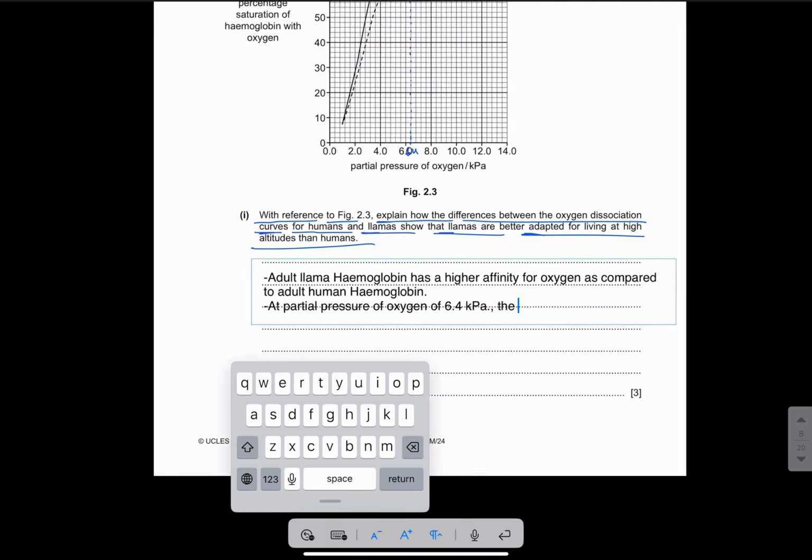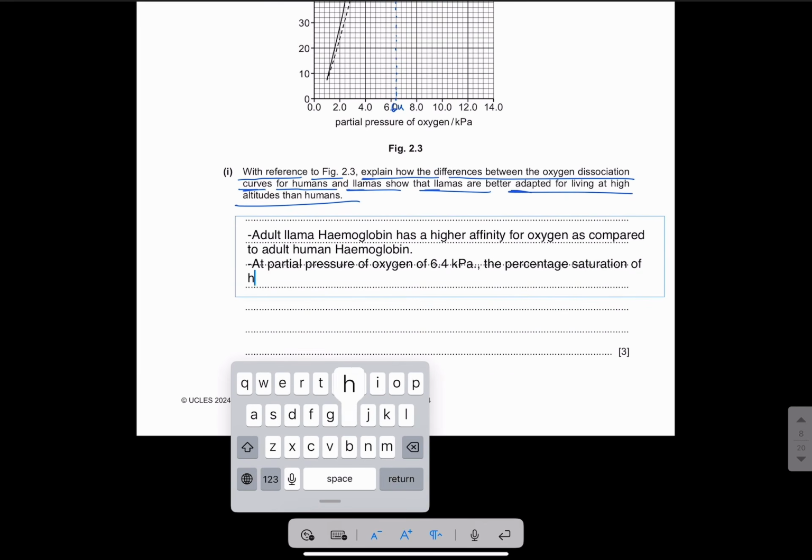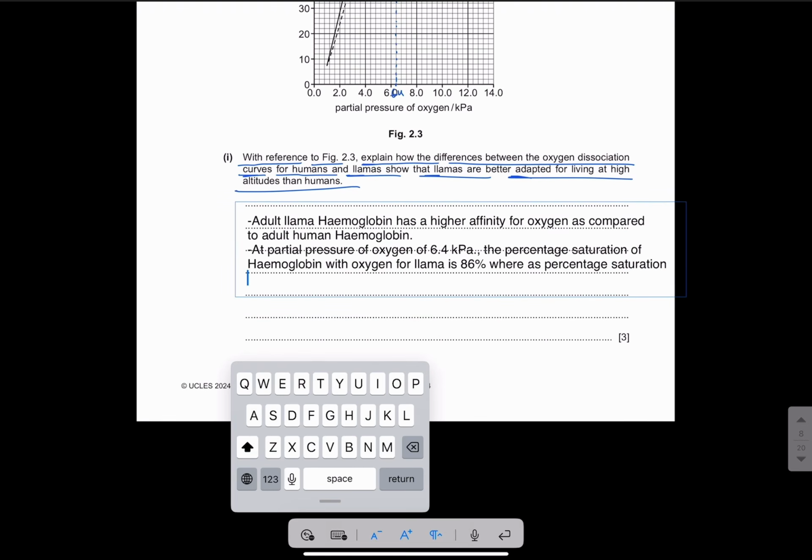The percentage saturation of hemoglobin with oxygen for llama is 86%, whereas percentage saturation of hemoglobin with oxygen for humans is 79%.